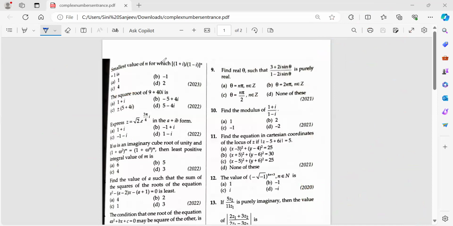Okay. But first I'll start with this equation. Question number, let me just clear it. Let me zoom it.